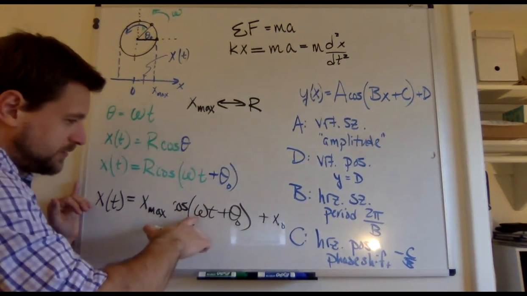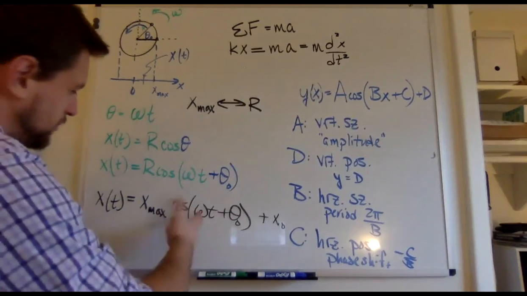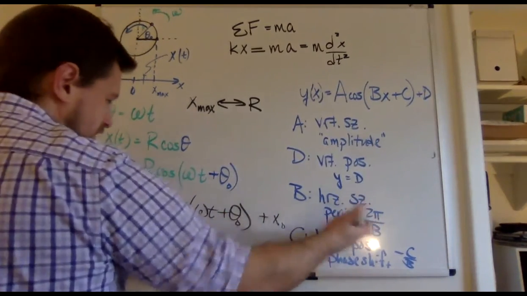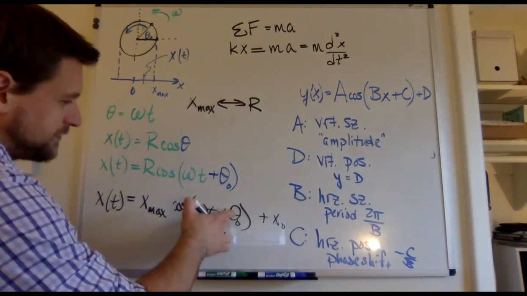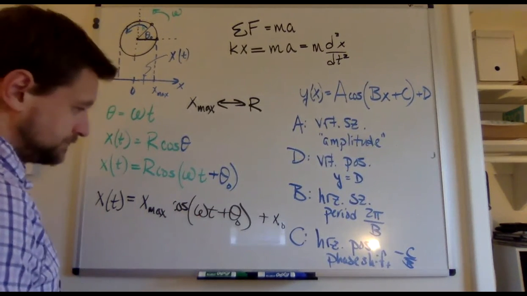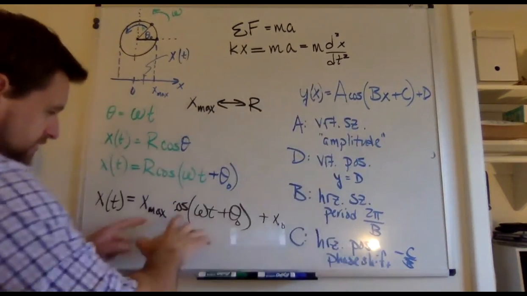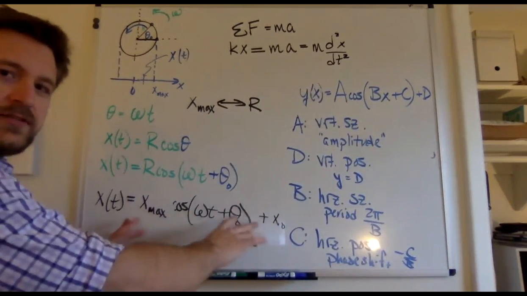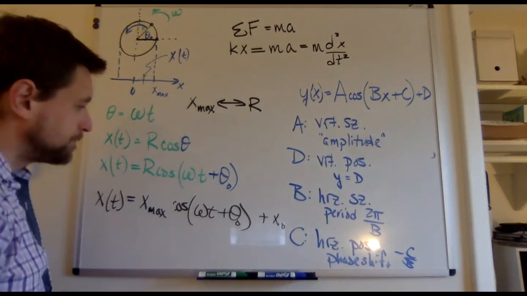And omega, well, I guess the period of this function is 2 pi over omega, and the phase shift has to do with the initial angle and omega. But then we have language to talk about the different parameters that live in this equation for the x position as a function of time. Okay.